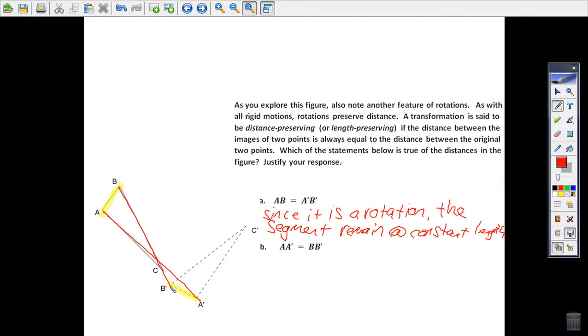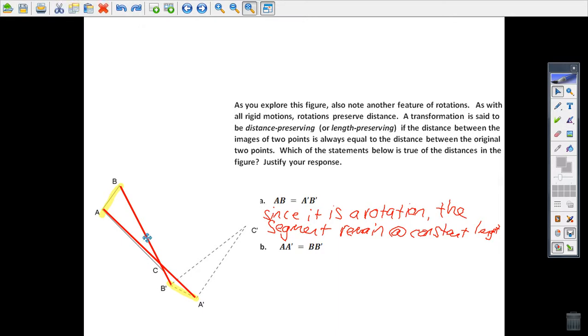That it's not going to change. They're always going to be. Aaron? B prime is not always. So how did you figure that out? Okay, so if we draw some segments here from B to B prime and A to A prime, let's find out if those are congruent in length.